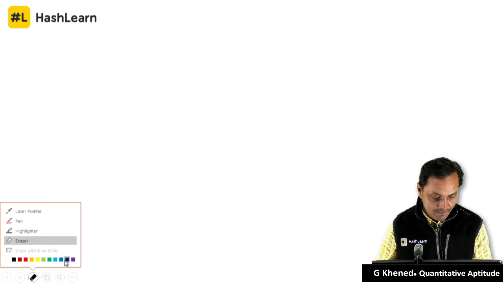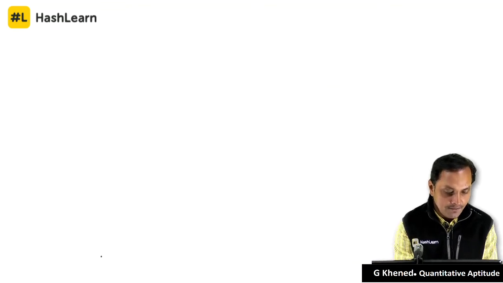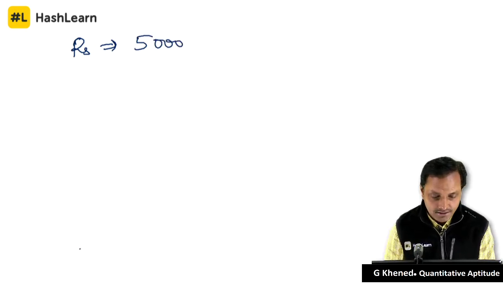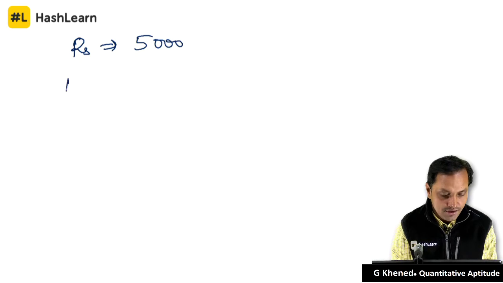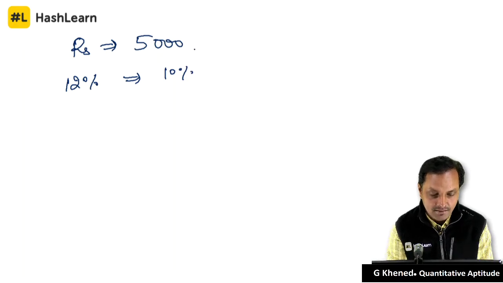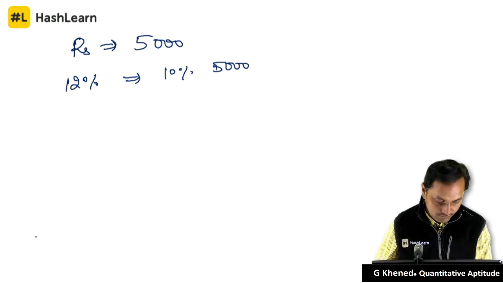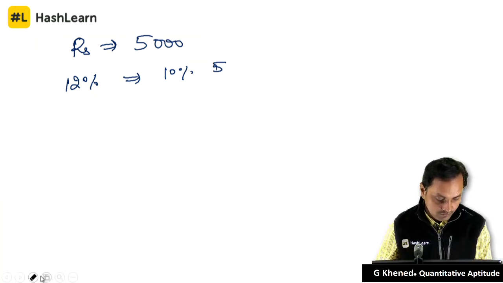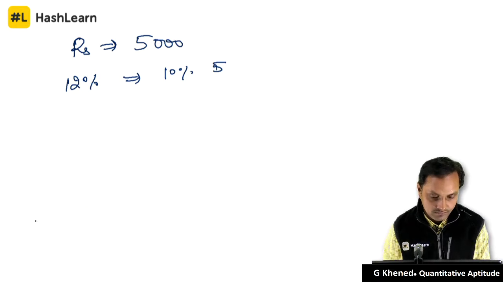Is that okay? I'll give you one more example. Suppose they ask you to find, if 5,000 rupees is there and they ask you what is 12%, very simple. What is 10% of this? You have to skip 1 decimal. 10% is 500. And what is 2%?